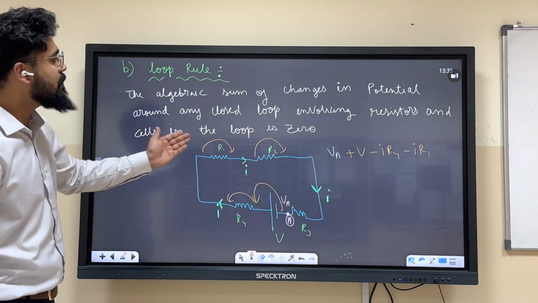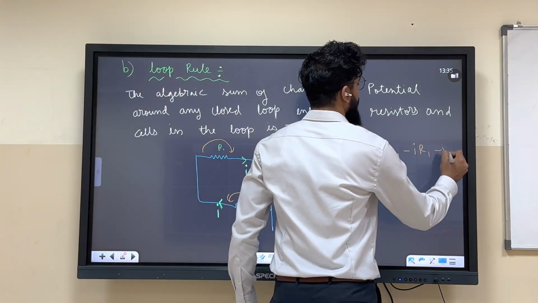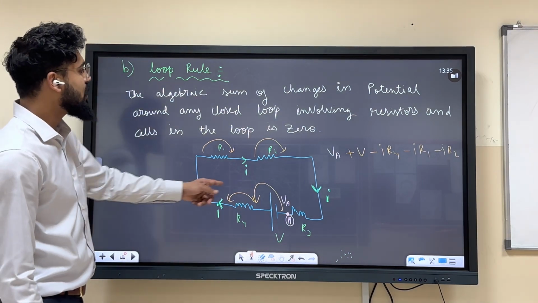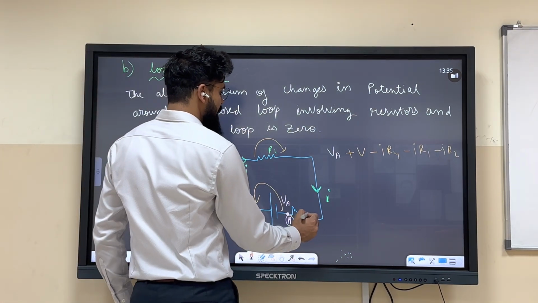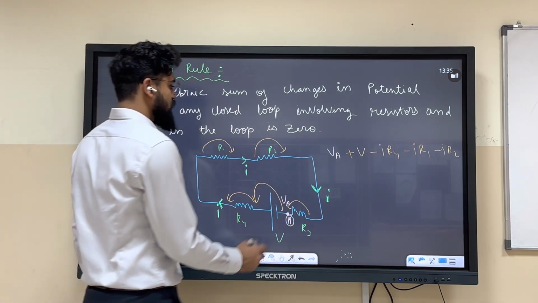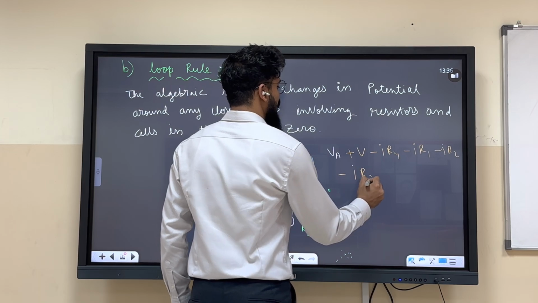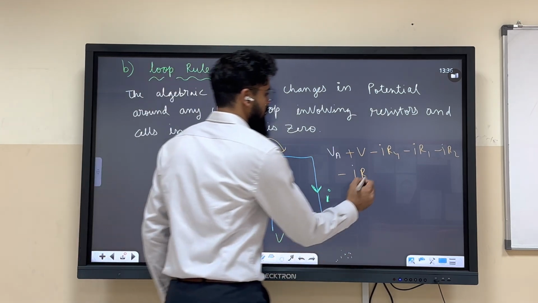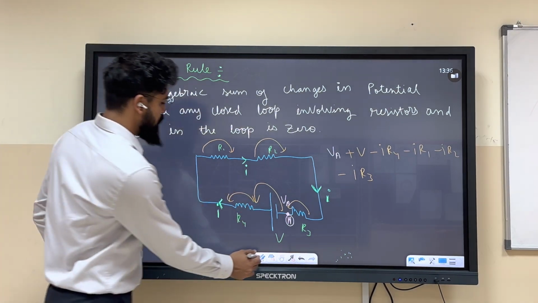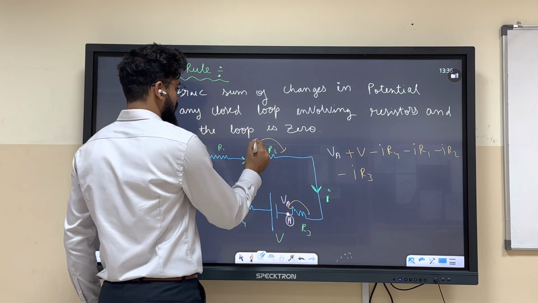When we are jumping from here to here, through R2, it will become negative I R2. Now when we are jumping through R3 to point A, we should write negative I R3. Are you getting it? If you want to get it, let's do it one more time.